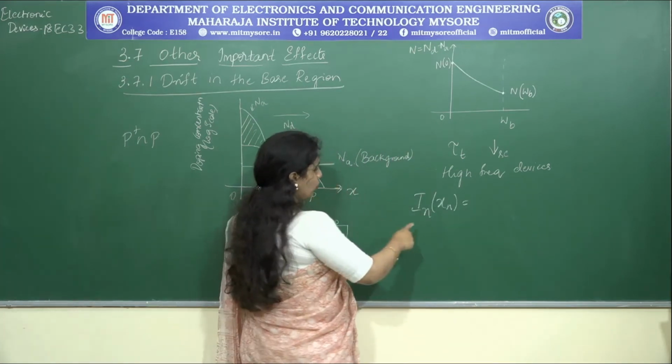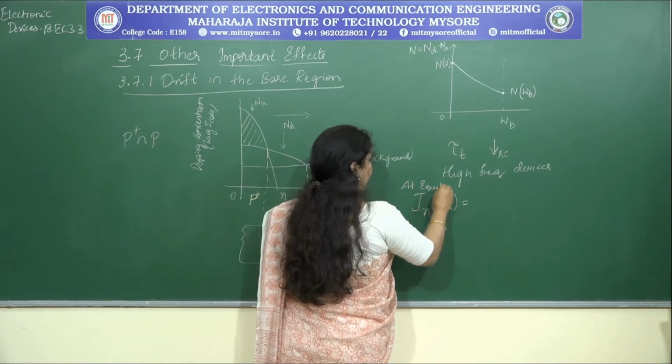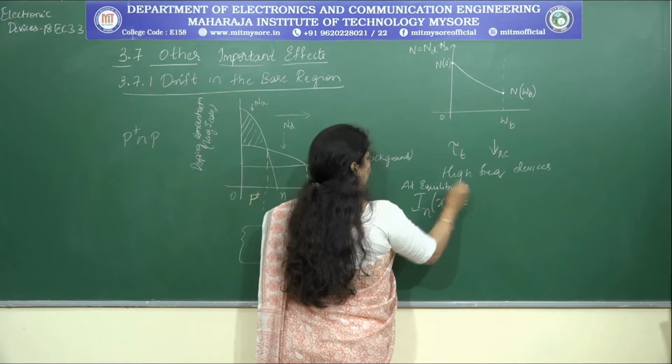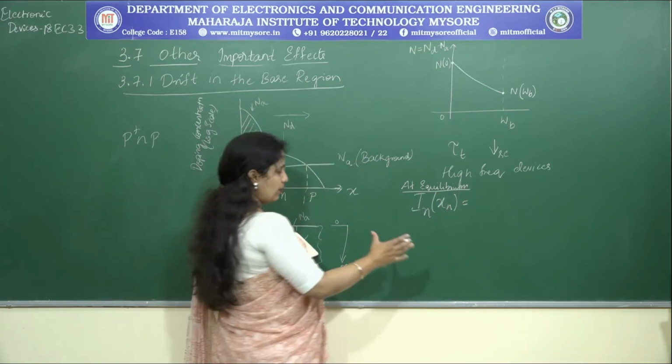Okay. Now, what is that I am trying to represent? At equilibrium, I am trying to represent both the electron drift and electron diffusion components at the base region.